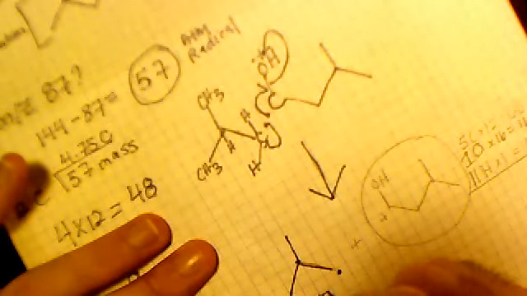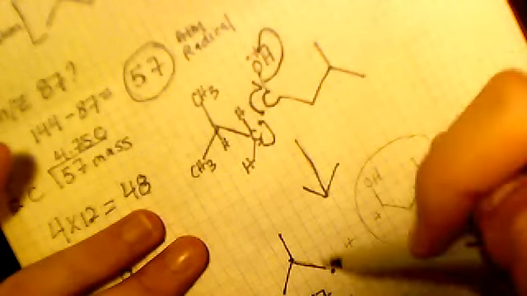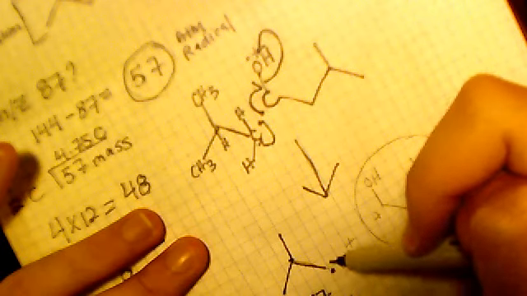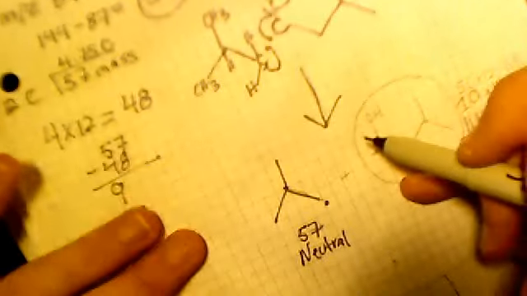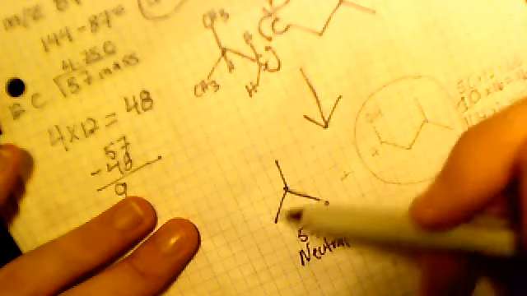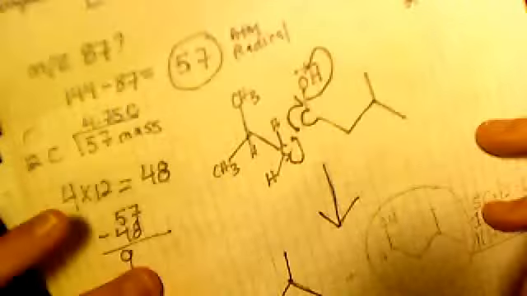It's 57, and it's neutral. Now, I don't completely understand why this radical is neutral, but, you know, it is.